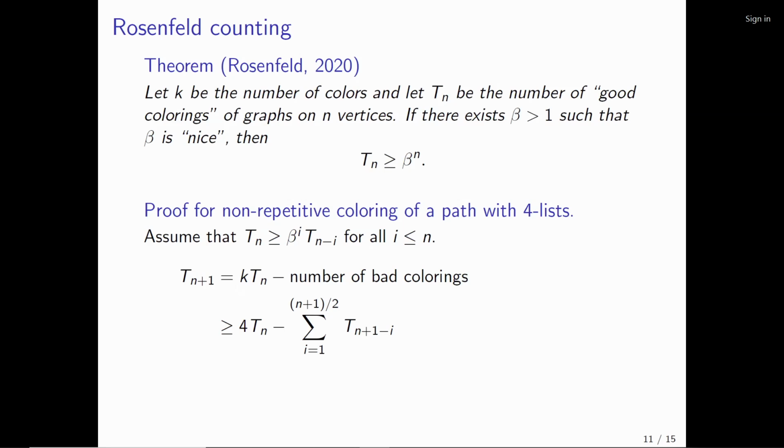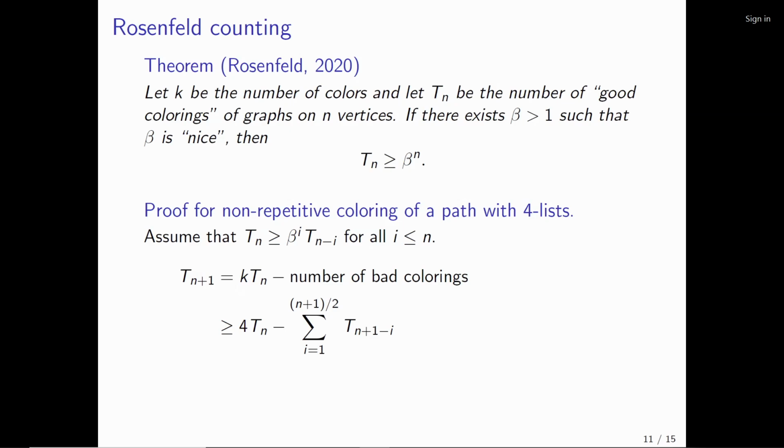And there are exactly this many bad colorings of them, because I know that the square was of length 2i, so it repeats the last i letters. So I just need to complete it to get back my bad coloring. Okay? And I sum this for all possible values of i. So this is the part where it will depend on our problem. But up until here, it's a generic framework.